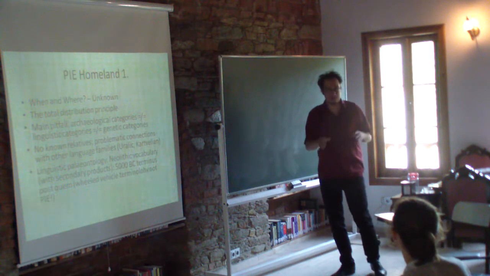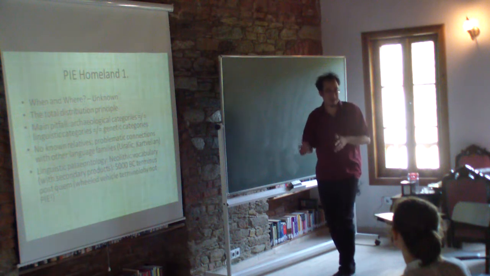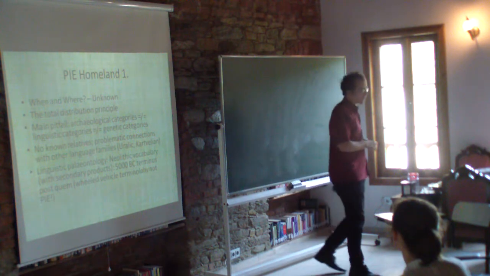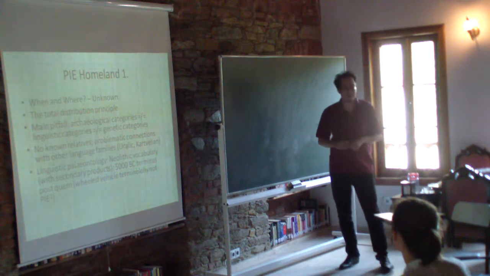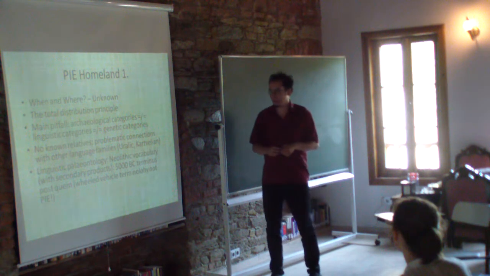You just cannot say that culture X used language Y. This is extremely rare. And of course, they are not identical to the genetic categories either, despite some recent publications, again in Nature and such journals.